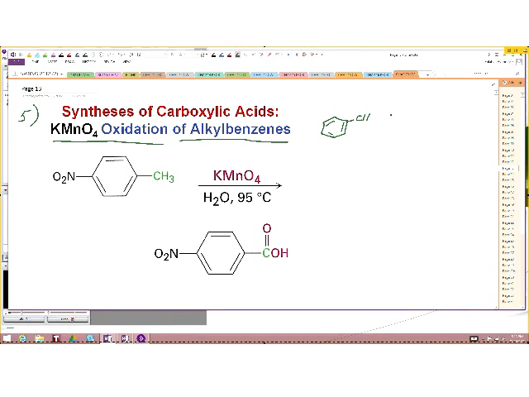If you have this and you take potassium permanganate, generally we do this reaction under acidic conditions. All of this carbon here will be converted to carbon dioxide, except for the carbon that is attached to the benzene ring, and that will be converted to a carboxyl group. So you are going to get this.